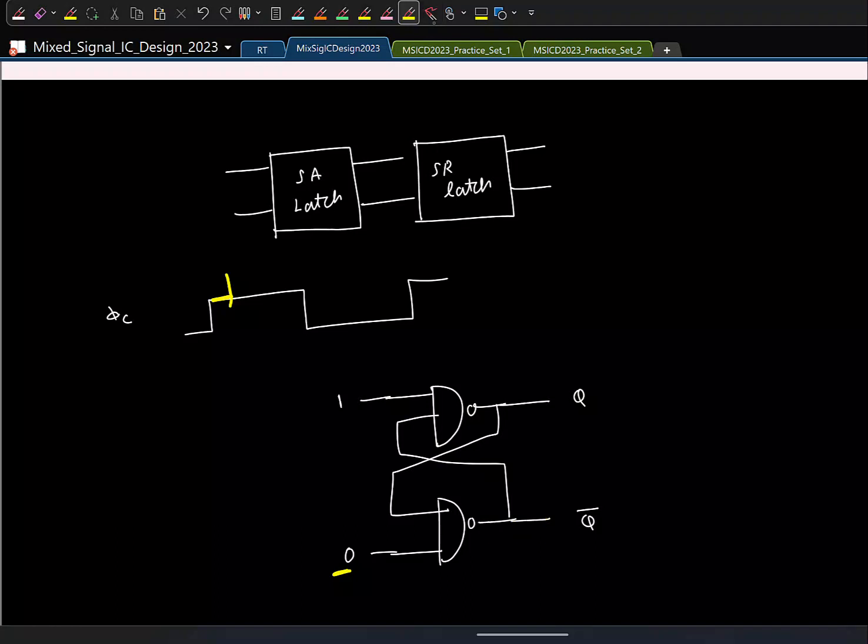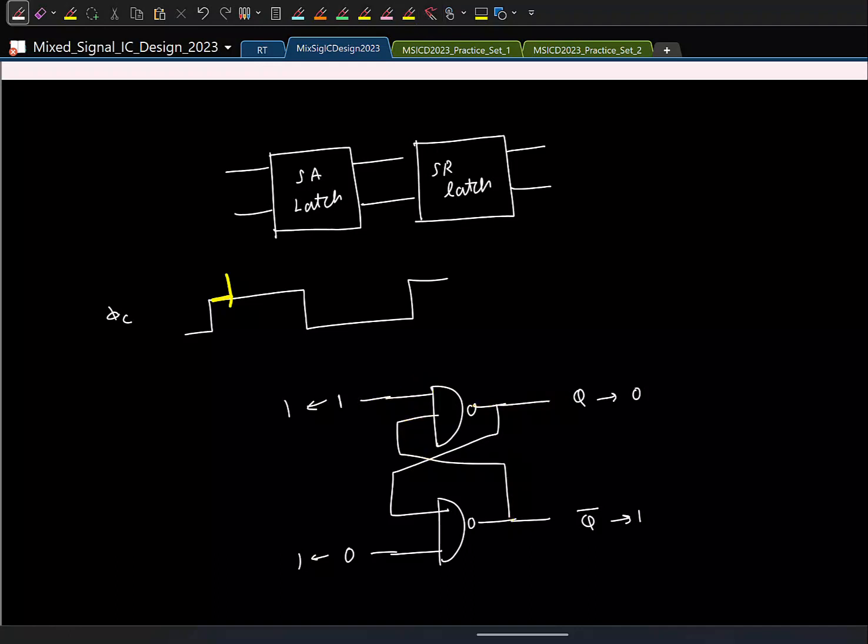Output will be 1. So this guy will become 1. And if this is 1, we are NANDing two 1s, that will be 0. Right? And when the StrongARM latch is reset, remember that both of them will be at 1. So at this point also it shouldn't change. So if both of them are 1, what will happen? This is 1, right? This is 0. So if this is 0, this is 1, what will this be? No issues. And here, both of them are 1, so this will be 0. Okay.